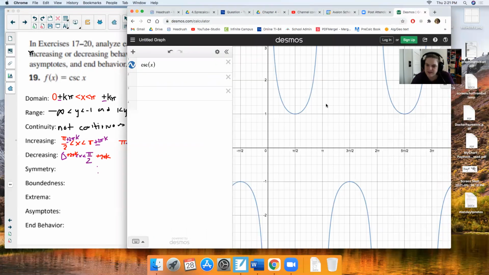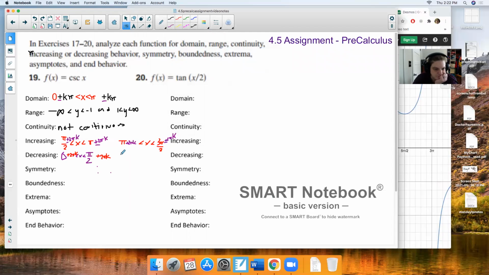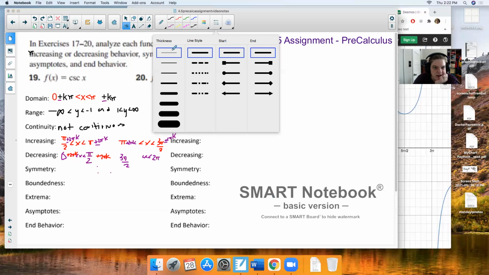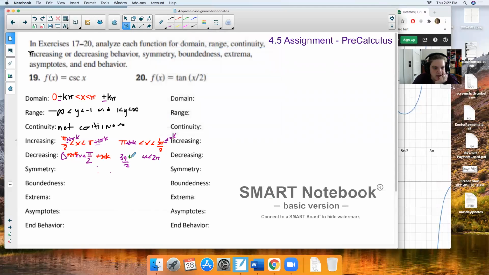For decreasing, right here, 3 pi over 2 to 2 pi. And then, of course, every revolution after that. So plus 2 pi k and minus, and then plus and minus 2 pi k here. And I forgot the minus there.